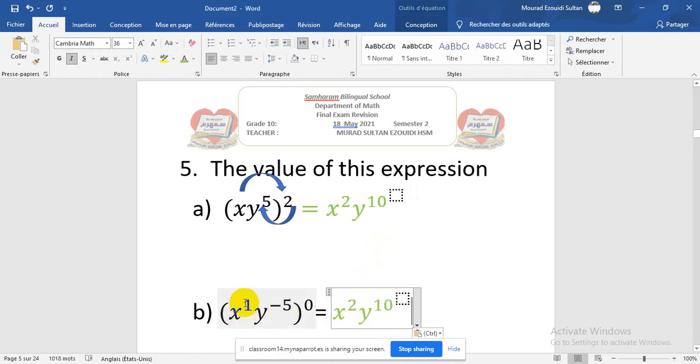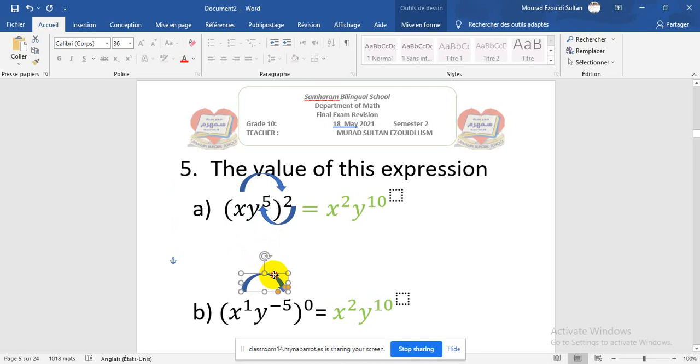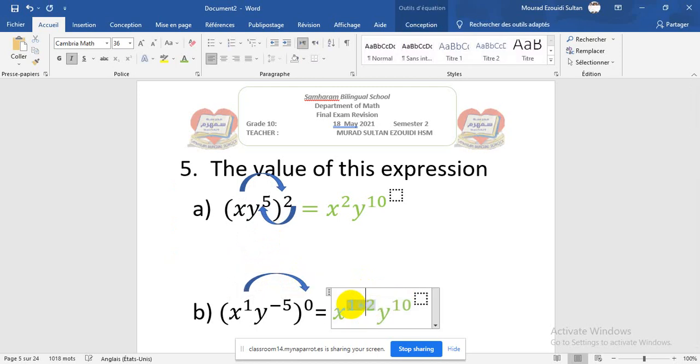So x to the power 1 multiplied by what? So look here, x to the power 1 multiplied by 0. So I'll just write here 1 multiplied by 0.